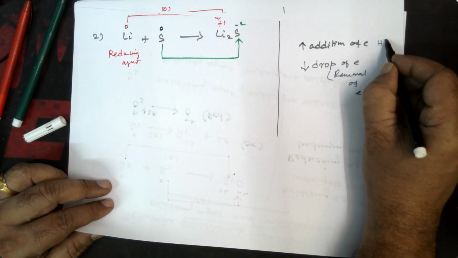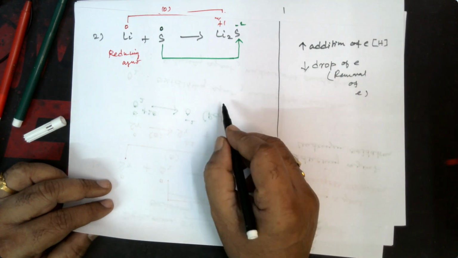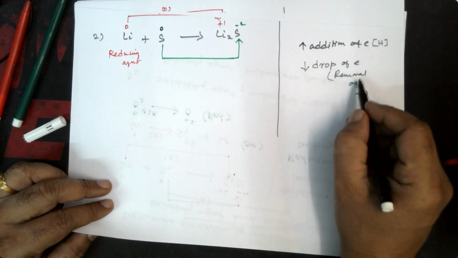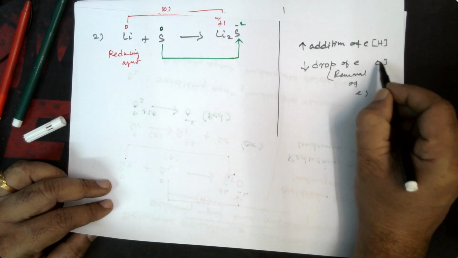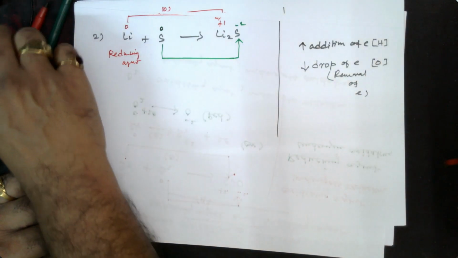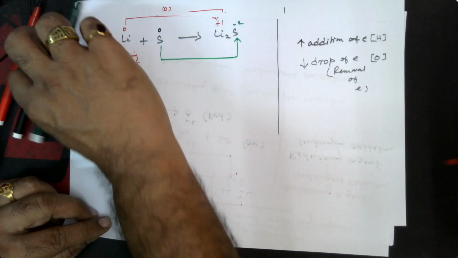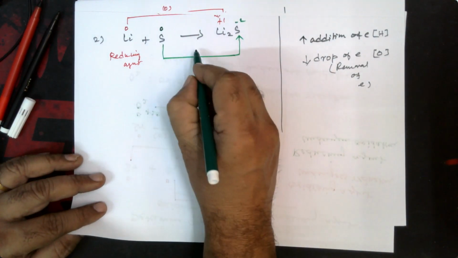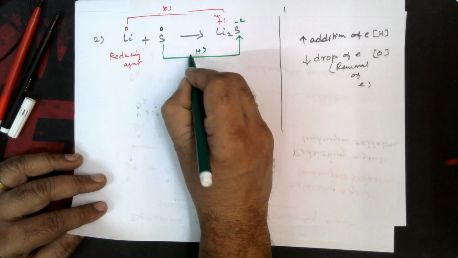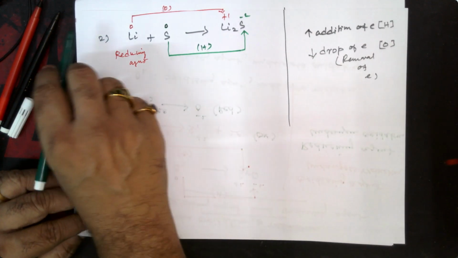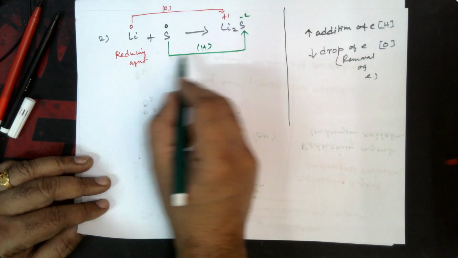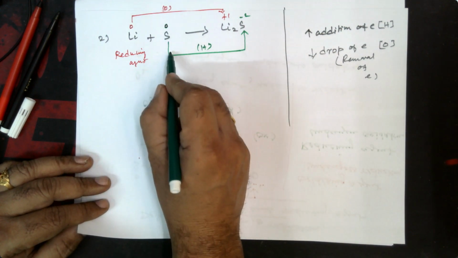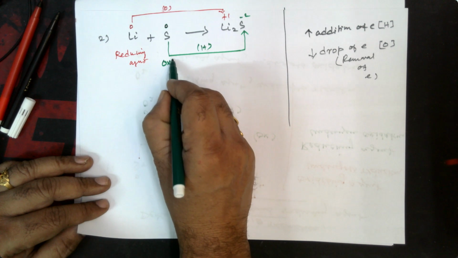It is represented by H. Reduction is represented by H. And this one, drop in electron means addition of oxygen. So this is represented by O. Is it clear? So simply put, H means reduction. Now you can interpret in terms of oxidation reduction also. So this is reducing agent and this must be oxidizing agent. Are you able to follow?